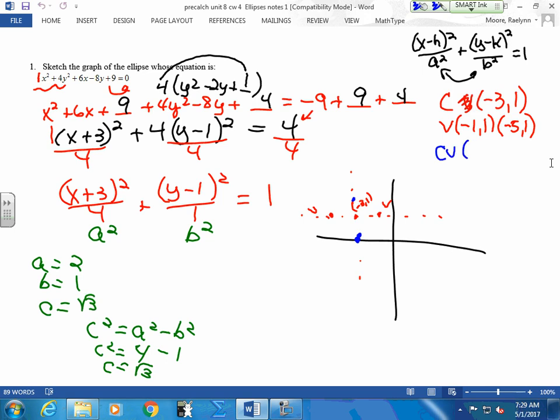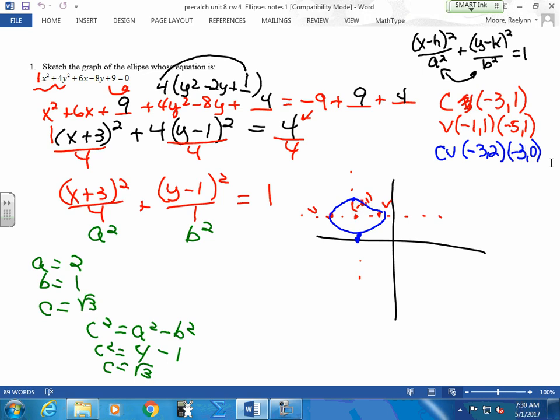And again, rather than worry about your formula, just say if I go up and down, I'm changing my y. So my x is going to stay at negative 3. I'm going to go up 1, so it's going to be negative 3, 2. I'm going down 1, so it's going to be negative 3, 0. So your ellipse is going to look like this. Terrible ellipse, I'm sorry. I can't draw.